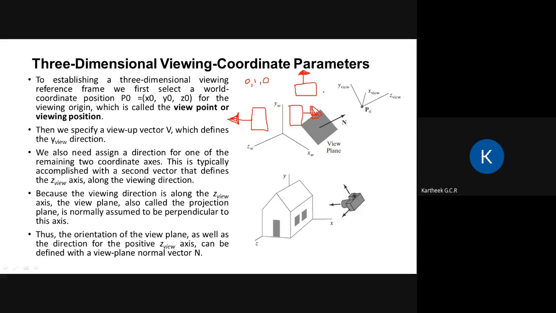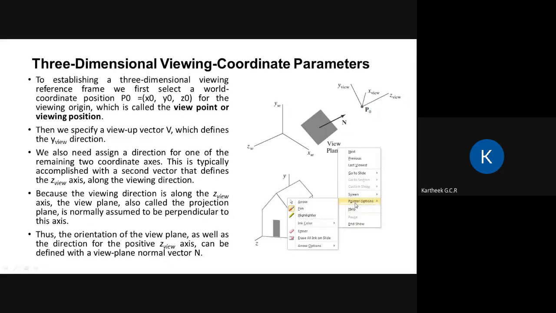So you are seeing this camera towards Z like this. So that is about the up vector.